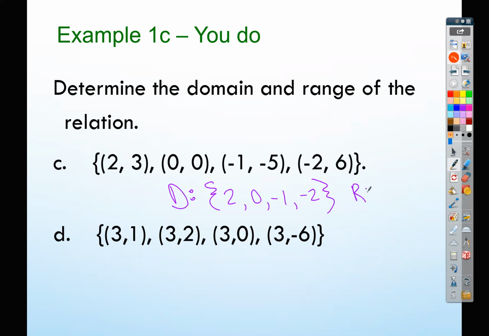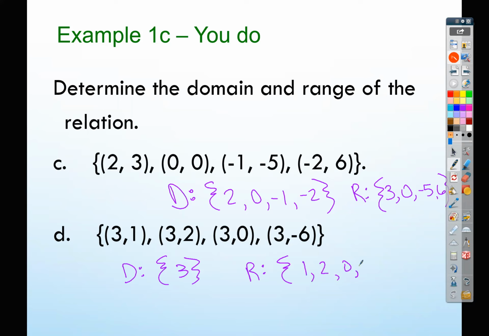And the range is 3, 0, -5, and 6. The domain of D is 3, and the range is 1, 2, 0, and -6. Honestly, I like you to put them in order from least to greatest, but I don't think it matters in the curriculum that we're doing.